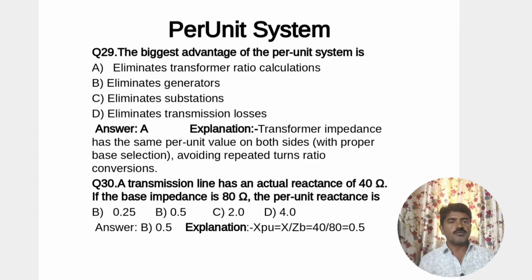Actual reactance is 40 ohms. If the base impedance is 80 ohms. So the per unit reactance, the formula is X per unit is equal to X actual by base impedance. Substitute in that formula, answer is 0.5. Here B is the answer.